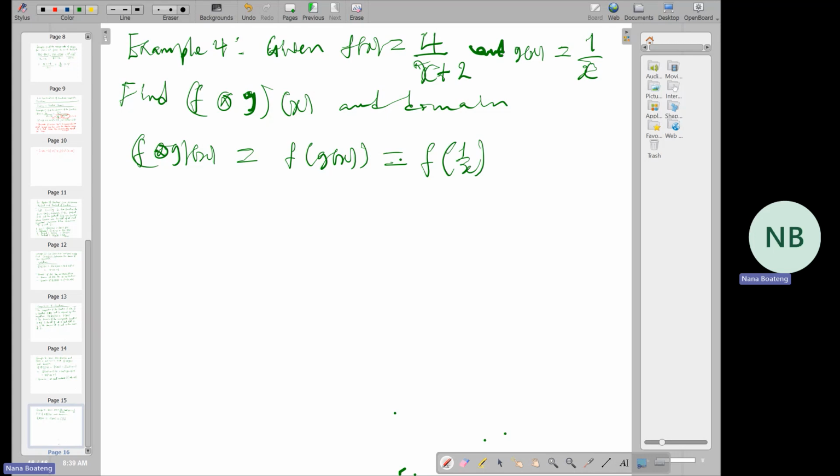And f is 4 divided by x plus 2. So this is 4 divided by x plus 2, and x now is 1 divided by x, so 1 divided by x plus 2.